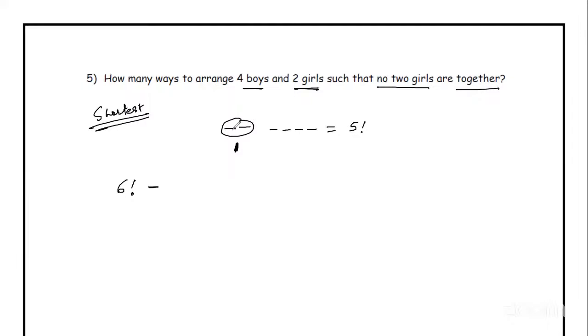And remember, these 2 girls, girl 1 and girl 2, can be interchanged among themselves, meaning girl 2 can come here and girl 1 can come here. So therefore, you'll have to multiply by 2 factorial.